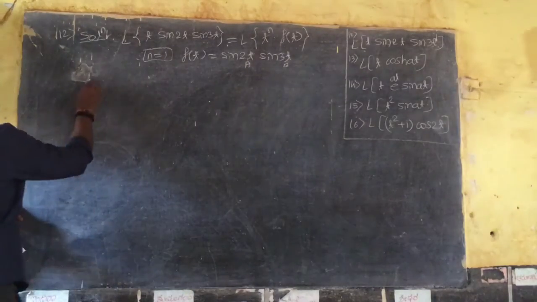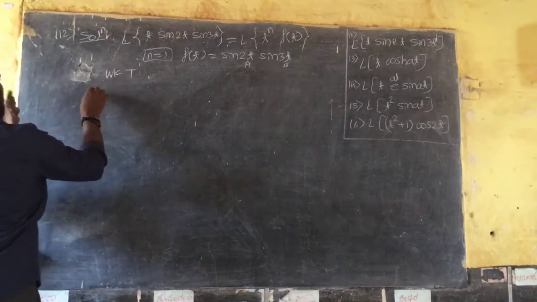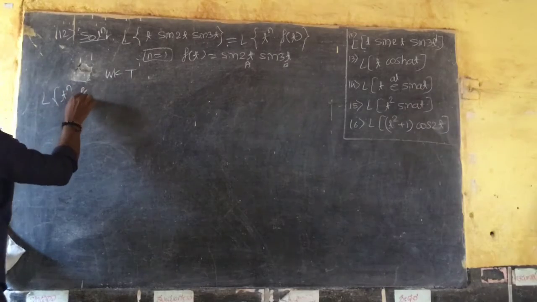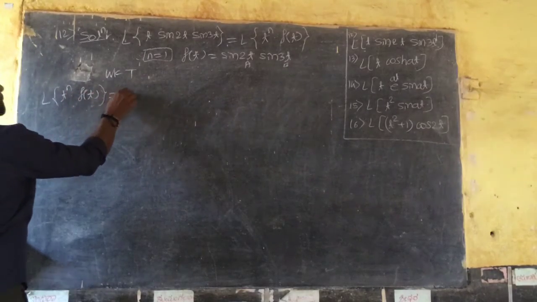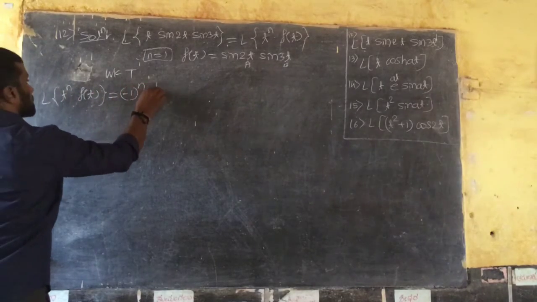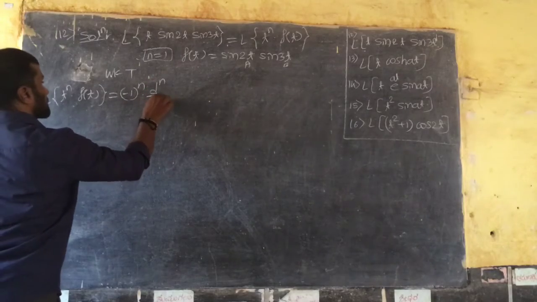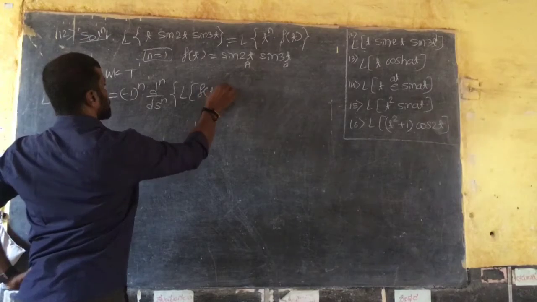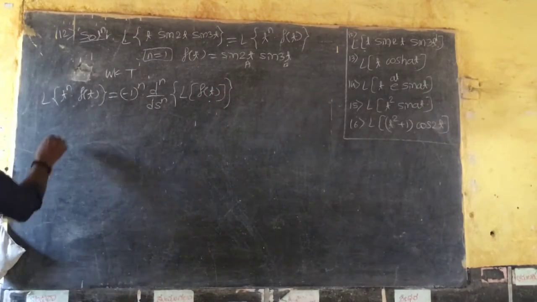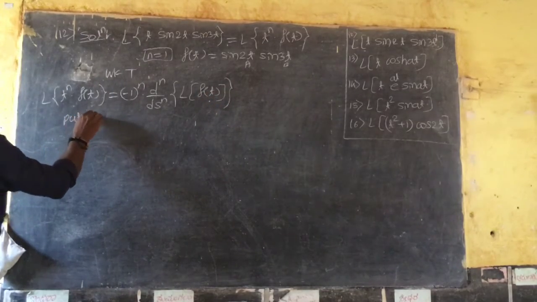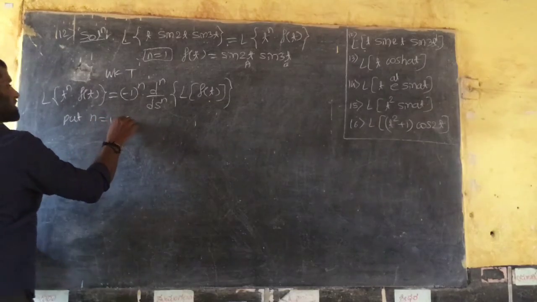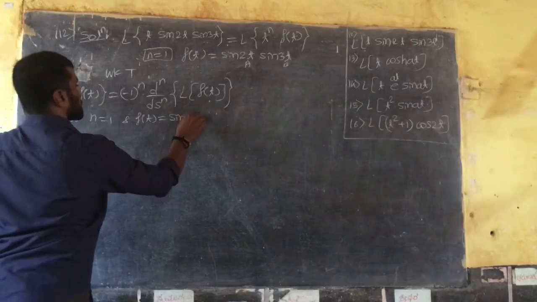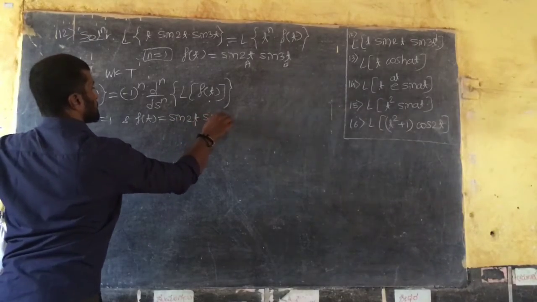We know the formula for the Laplace transform derivative: Laplace of t raised to n into f of t equals minus 1 raised to n into d raised to n divided by ds raised to n into Laplace of f of t. Put n equal to 1 and f of t equal to sine of 2t into sine of 3t.